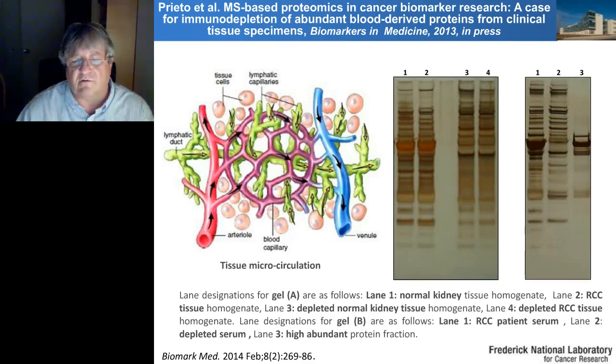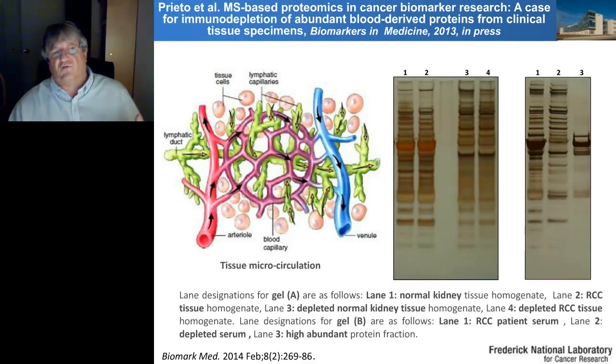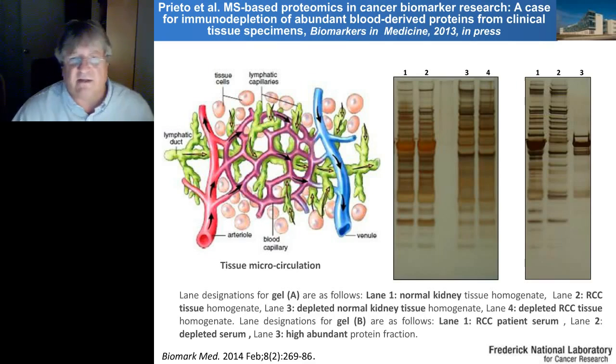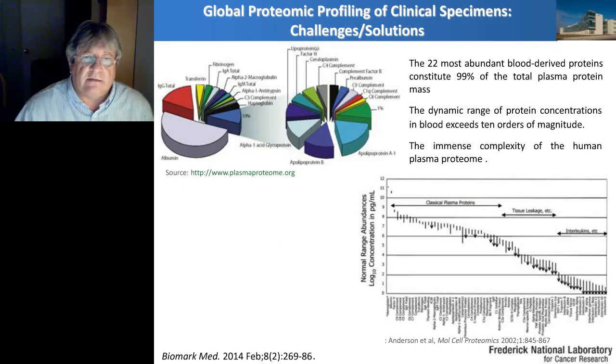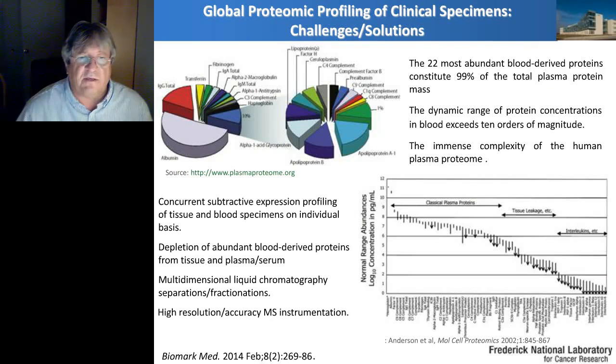So what we advocate is that if you really would like to analyze blood and tissues at the same time, you most probably need to apply immunodepletion in the same way to remove albumin and the most abundant proteins from tissue samples, and we did it. The most important thing is that we have developed an experimental design, a strategy to look in parallel at the tissues and blood samples from the same patient.